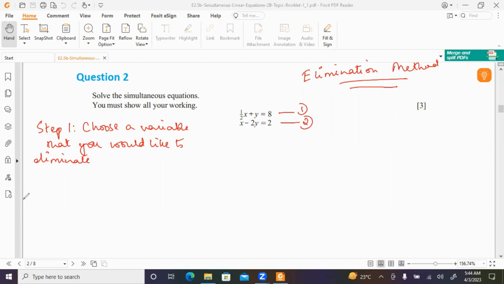So I pick x. Step 2 is make the coefficients equal for the chosen variable.